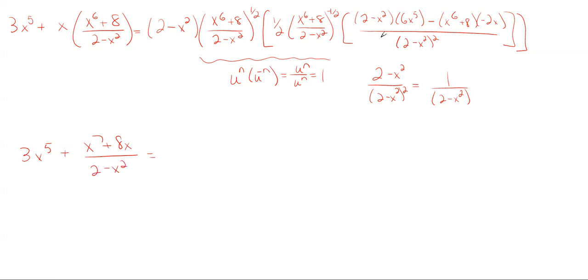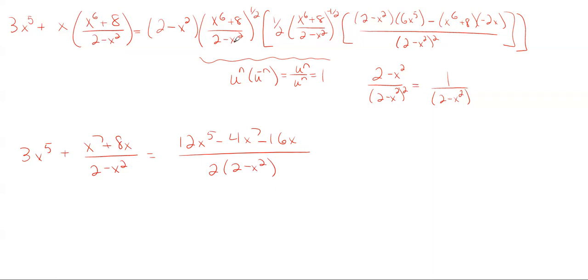And then working through everything on this side where this becomes 1, multiplying through again, and everything working out here. I also took all these expressions and multiplied everything through, and you end up with 12x to the 5th minus 4x to the 7th minus 16x, all divided by 2 times 2 minus x squared.